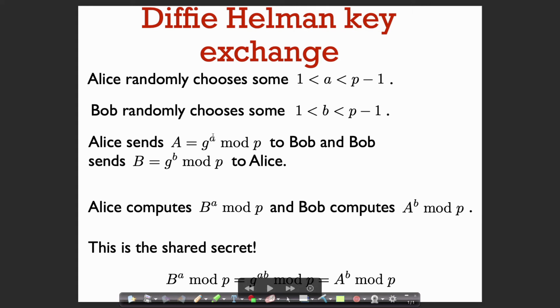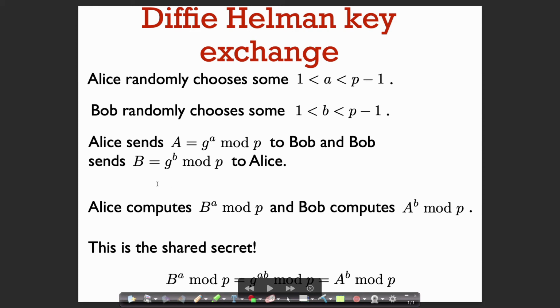So she computes g to the a modulo p. Now remember, this is something that's easy to do. She computes that and sends it to Bob. And Bob does the same thing. He raises g to the random number b that he chose, modulo p, and sends that number to Alice.